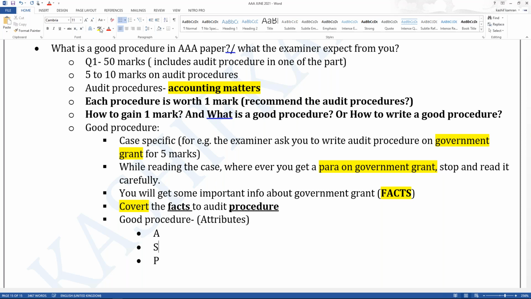The examiner says that a good procedure should have an action, number one. A good procedure should have a source, number two. And a good procedure should have a purpose in order to get 1 mark.